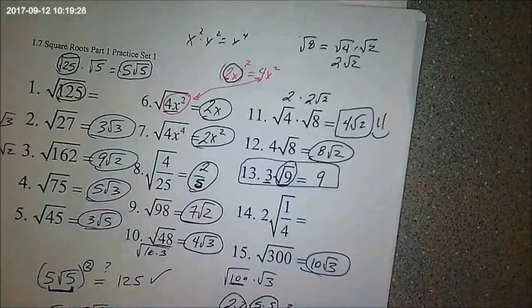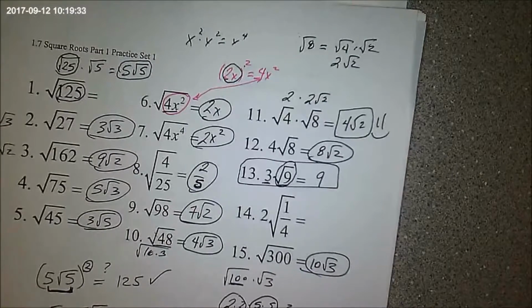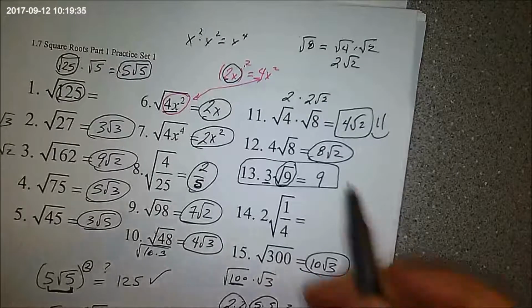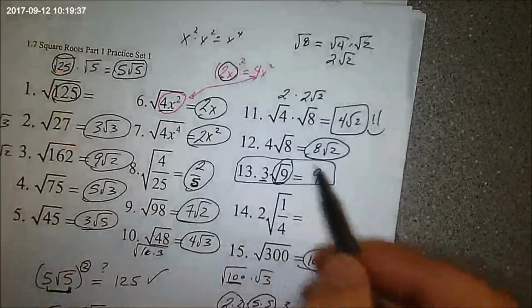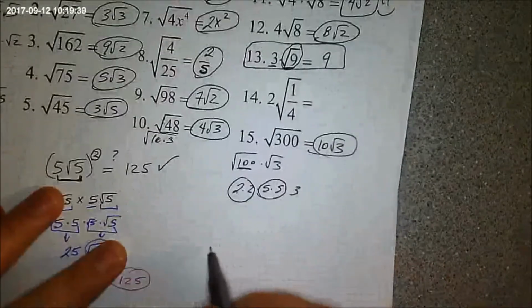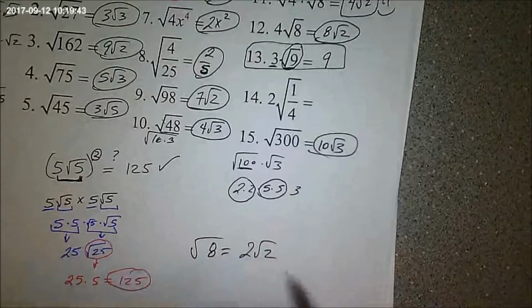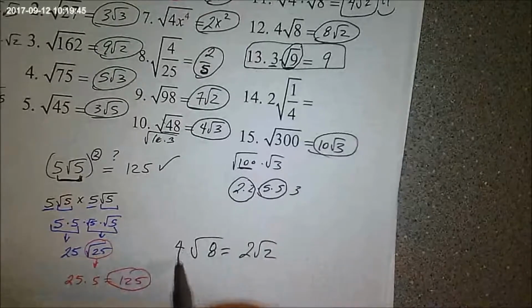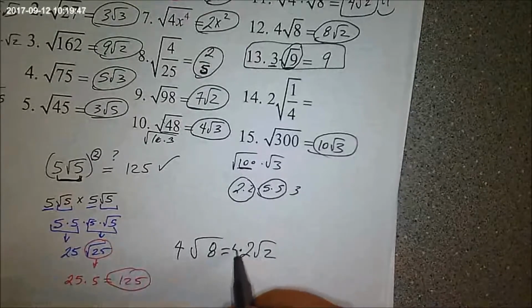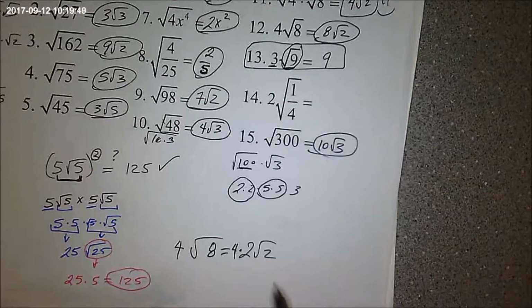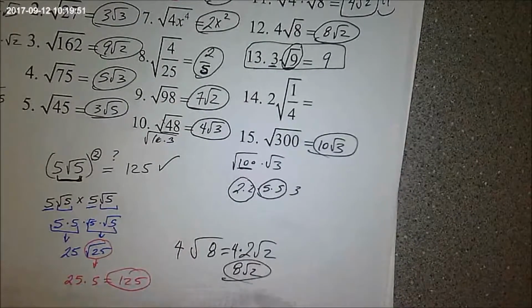Well, you don't say 2 to the because it's times. When you say to the, what that really means is an exponent. So you would just say 8 times the square root of 2. And you're right, because what you were saying is right, though. The square root of 8 is 2 times the square root of 2. So if we had 4 times that, it would just be 4 times that. And that's 8.